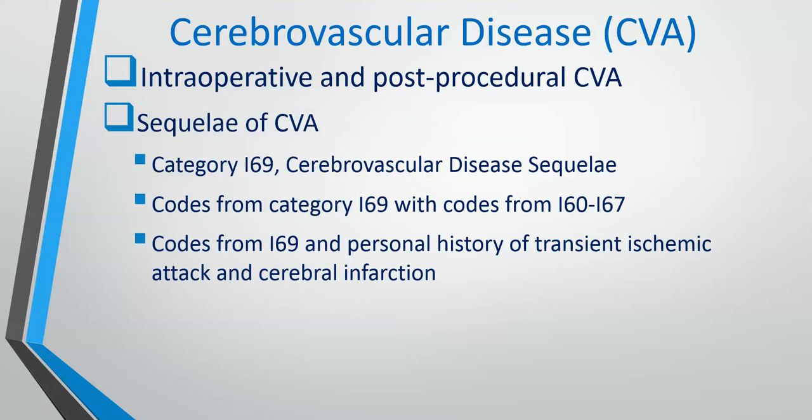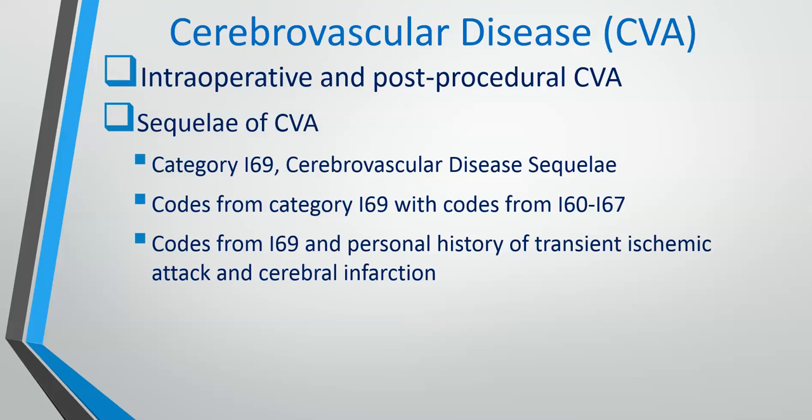So there's no time limit restricting the reporting of sequela codes. Residual conditions may occur months or years following the causal condition. So two codes are often required. The condition resulting from the sequela is coded first, followed by the appropriate late effect code for the sequela.